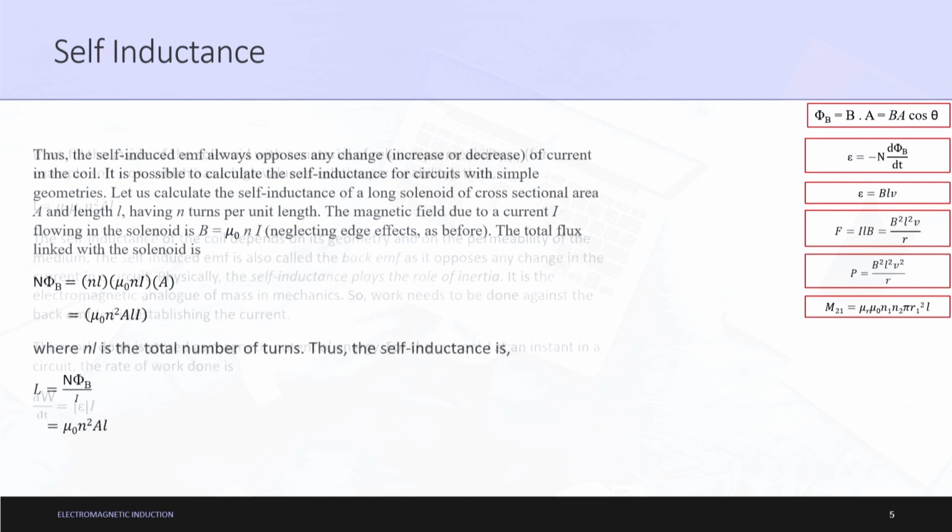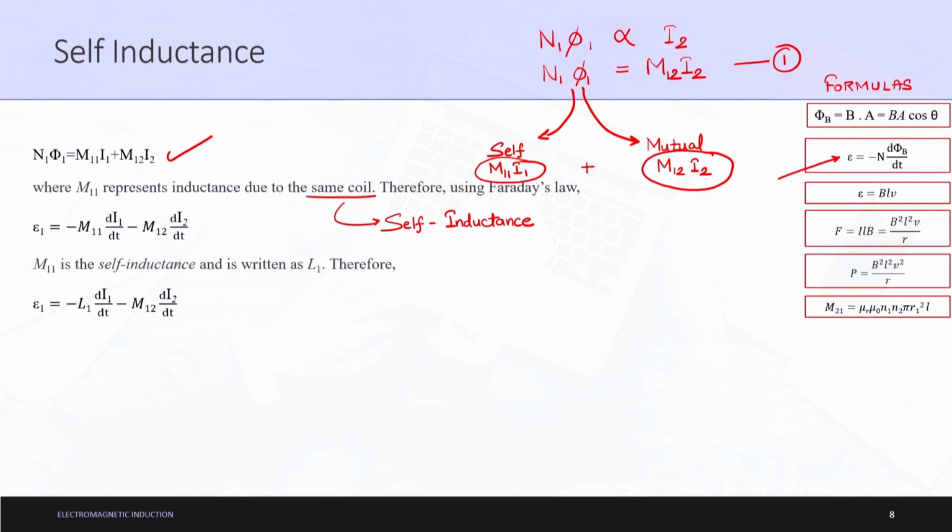Using the same concepts here, epsilon 1 is equal to minus M11 di1 by dt minus M12 di2 by dt. To explain it again, d by dt of N1 Phi1 is equal to d by dt of M11 I1 plus M12 I2.